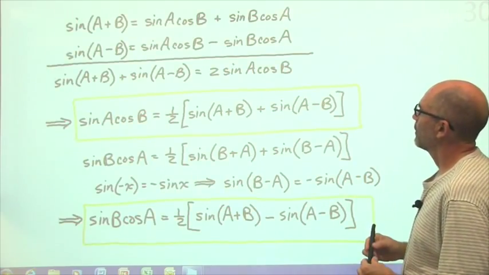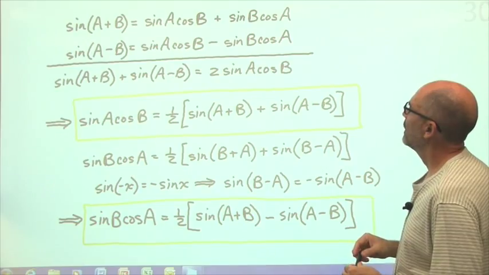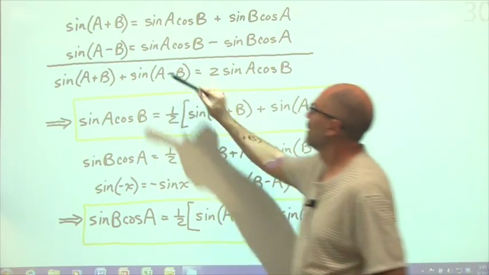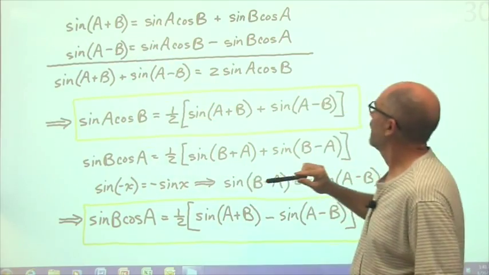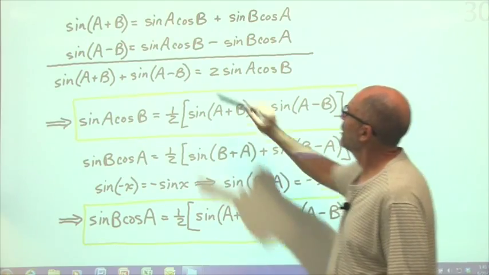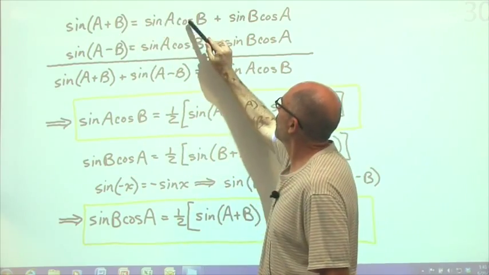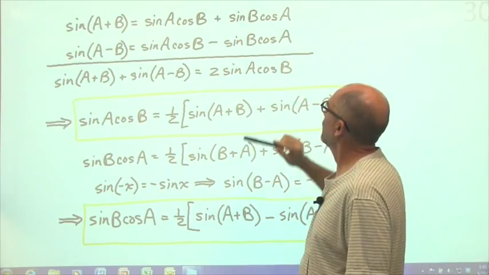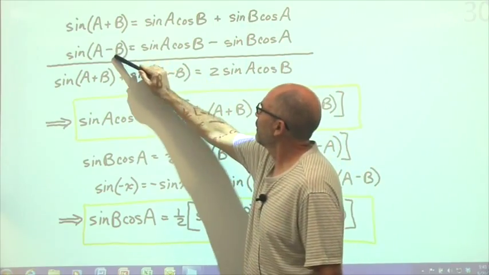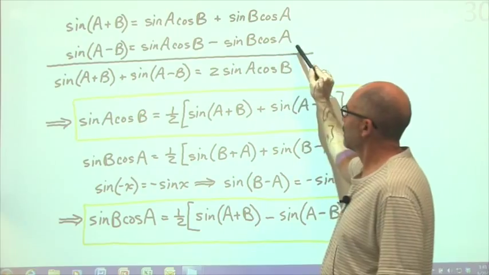Okay, now, if I do the sine of the sum, then I'm going to end up with sine of A plus B is sine cosine plus sine cosine. And the difference, sine cosine minus sine cosine.